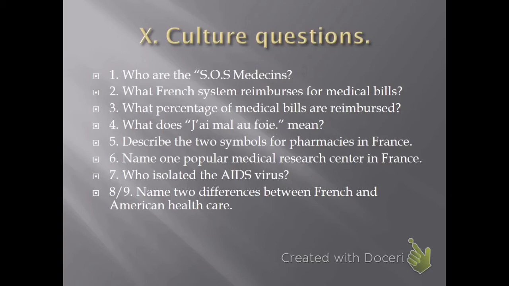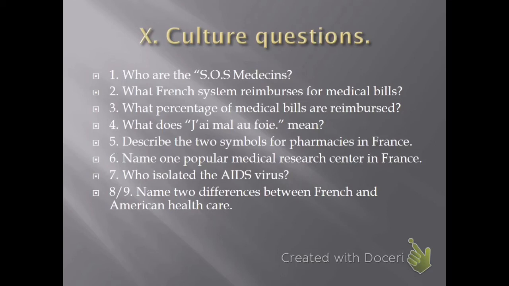Number 4, what does "j'ai mal au foie" mean? It literally means my liver hurts, but we don't know it as meaning that. The real translation should be my tummy hurts. Number 5, describe the 2 symbols for pharmacies in France.